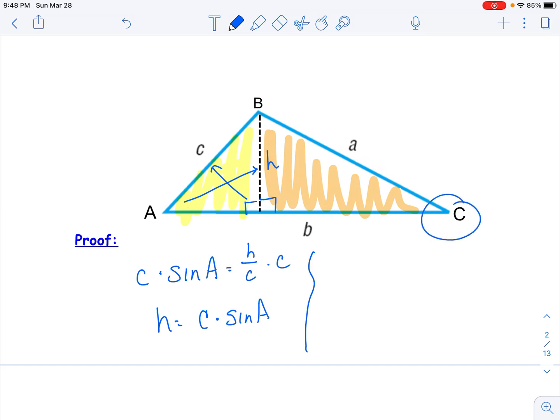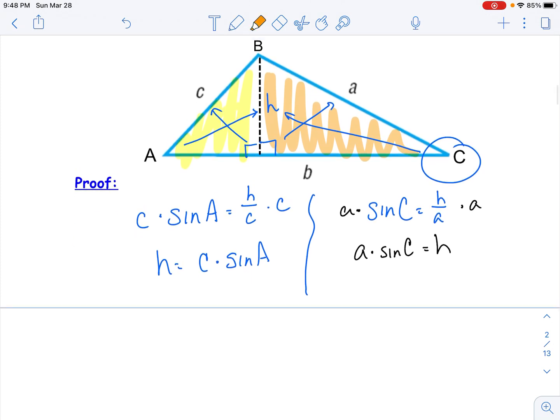If I take angle C, the sine of angle C is equal to the opposite, which is H, over the hypotenuse, which is A. Just like on the last one, if I multiply both sides by A, the height is equal to A times sine of C.